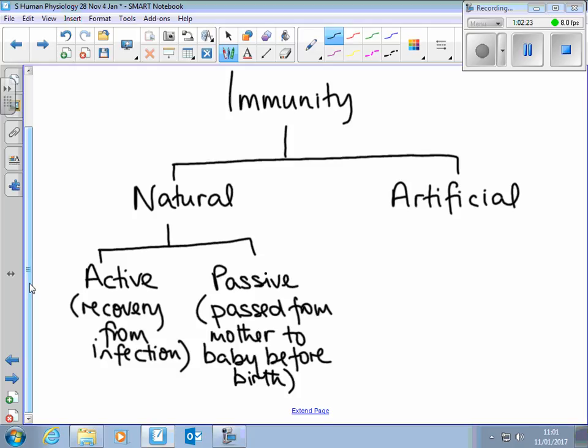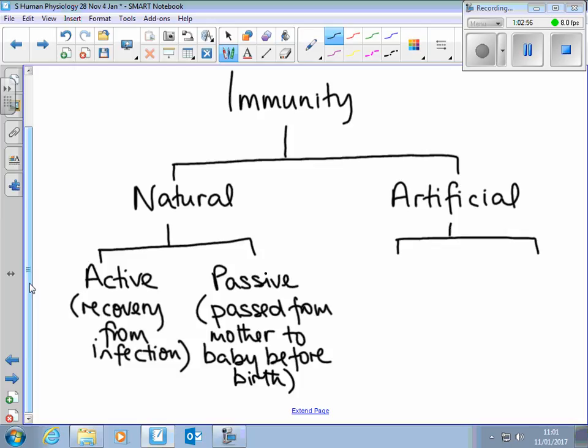The artificial side of it, we also have an active and a passive version. The active side is the majority of vaccinations, which of course trigger the body to produce memory cells. And you can follow the history of it back to smallpox and Edward Jenner, who discovered that milkmaids who had picked up cowpox from milking cows didn't catch smallpox.